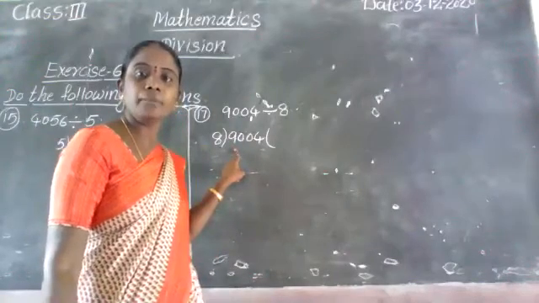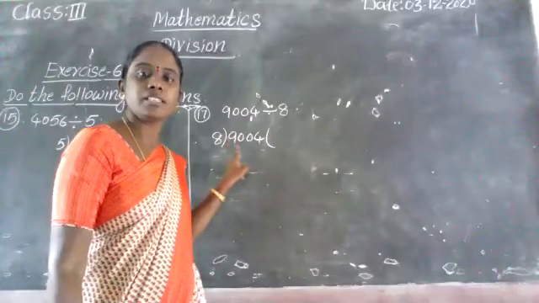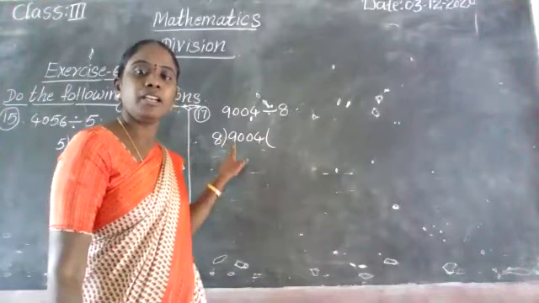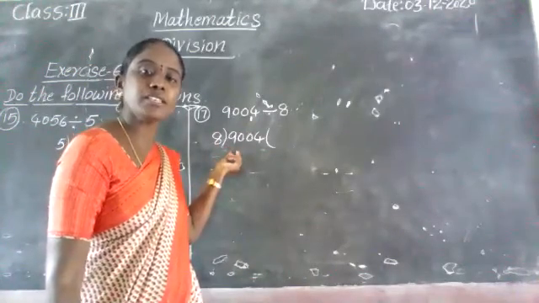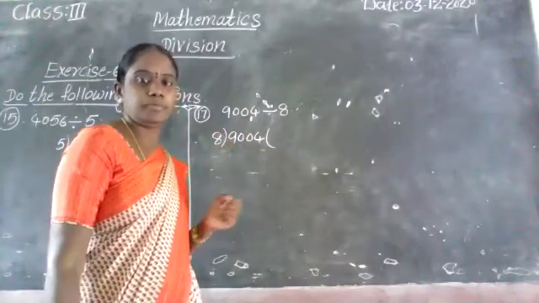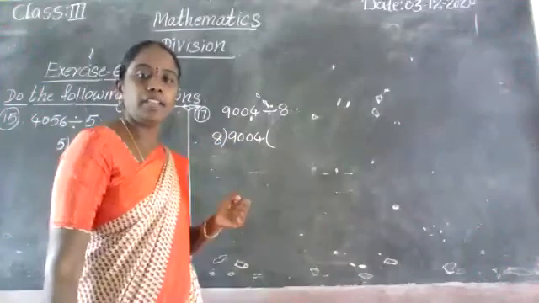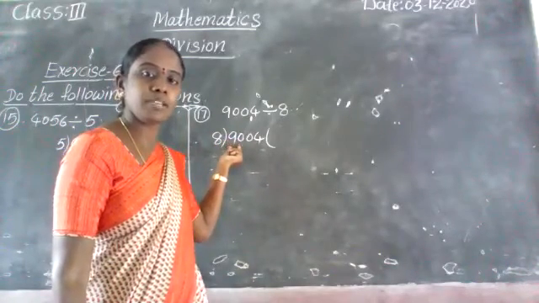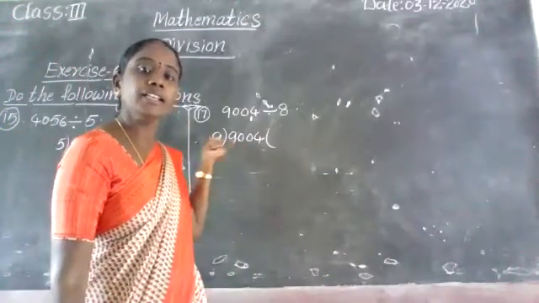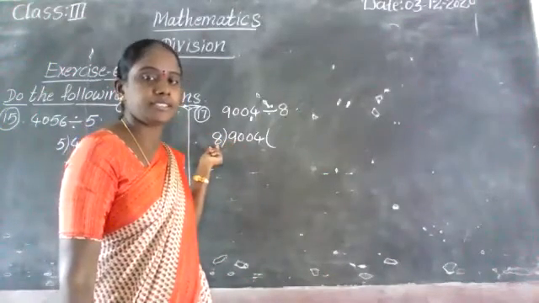Okay? Ritika, look at the board. Listen to me, girl. 9 divided by 8. First we have to divide 9. In the thousands place, which number do we have? 9. 9 divided by 8.